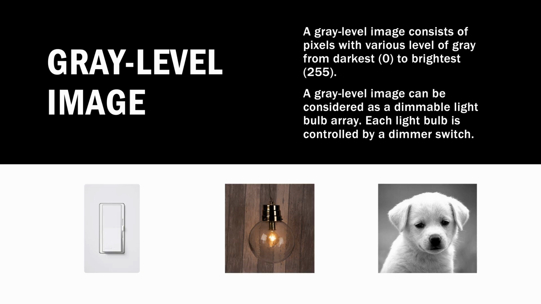Instead of being only on or off, the bulb can shine at many levels of brightness. Now, imagine an entire panel of such dimmable bulbs arranged together. By adjusting each bulb to a different level, the array can produce smooth variations in shading and create a detailed picture, such as the grayscale image of the puppy shown here.